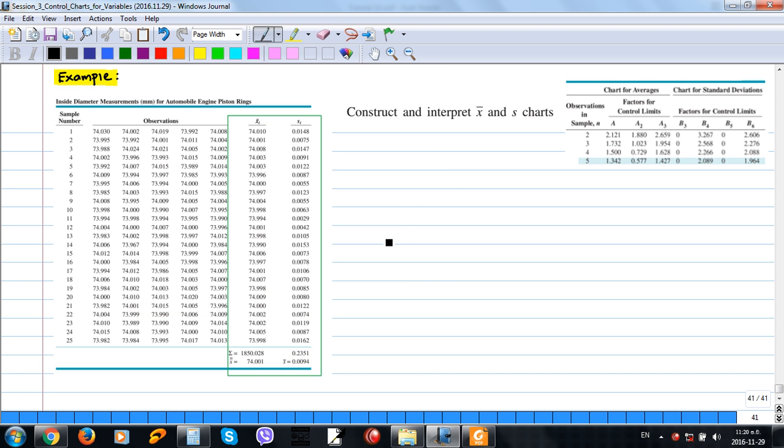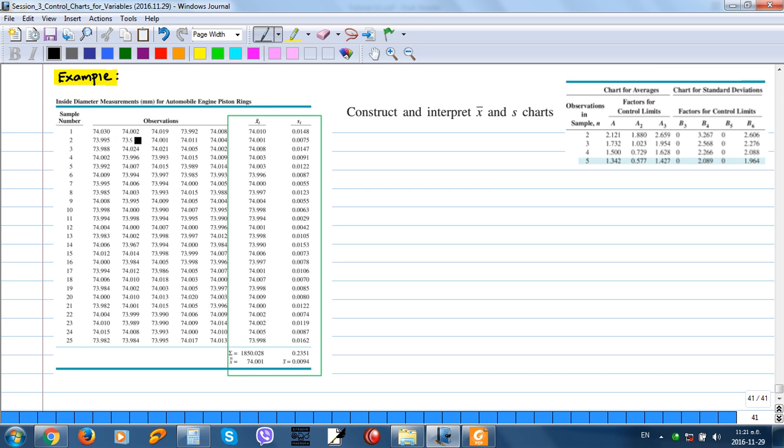We will do a simple example to understand these equations. In the questions, only this part is given. I added this part too, because I explained how to find X bar and S in the previous examples.